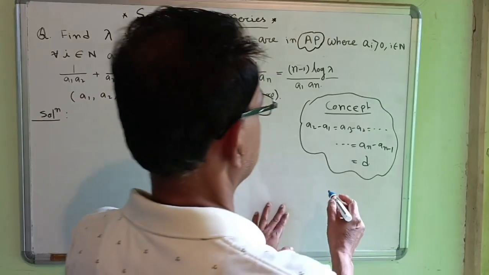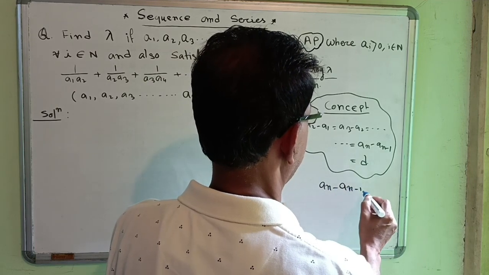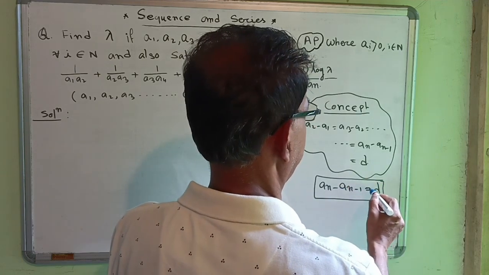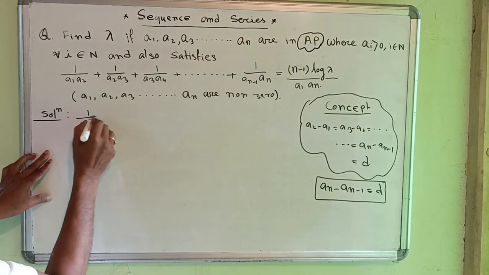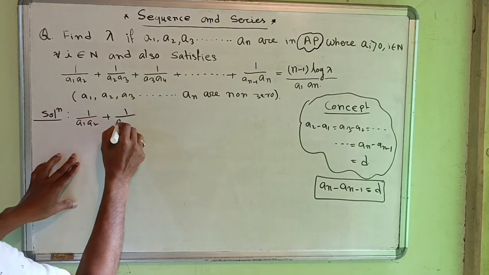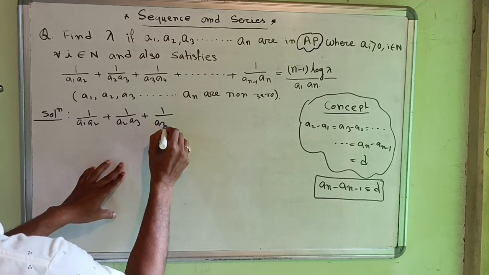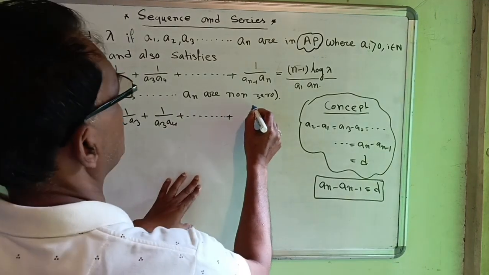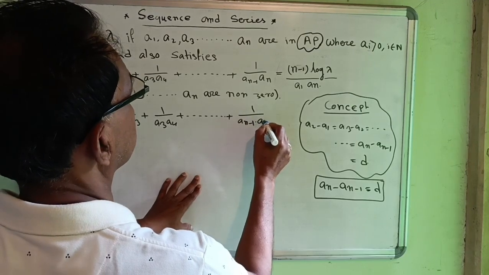That means an minus an minus 1 is equal to d. Now, for the solution, given 1 by a1 a2 plus 1 by a2 a3 plus 1 by a3 a4 plus and so on, plus 1 by an minus 1 into an.